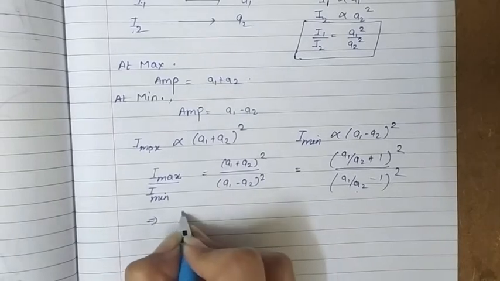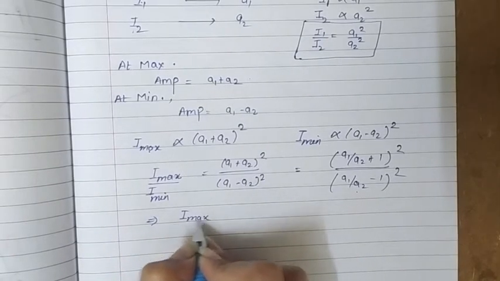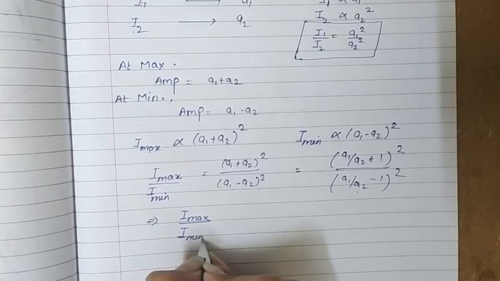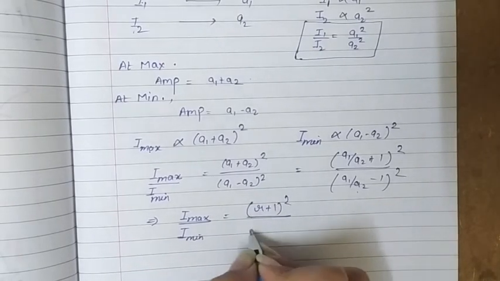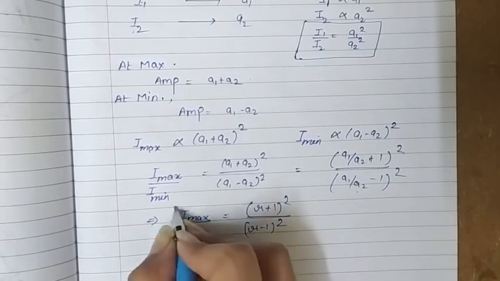It implies that the ratio Imax to Imin will be equal to (R plus 1) whole square upon (R minus 1) whole square. This is the answer.